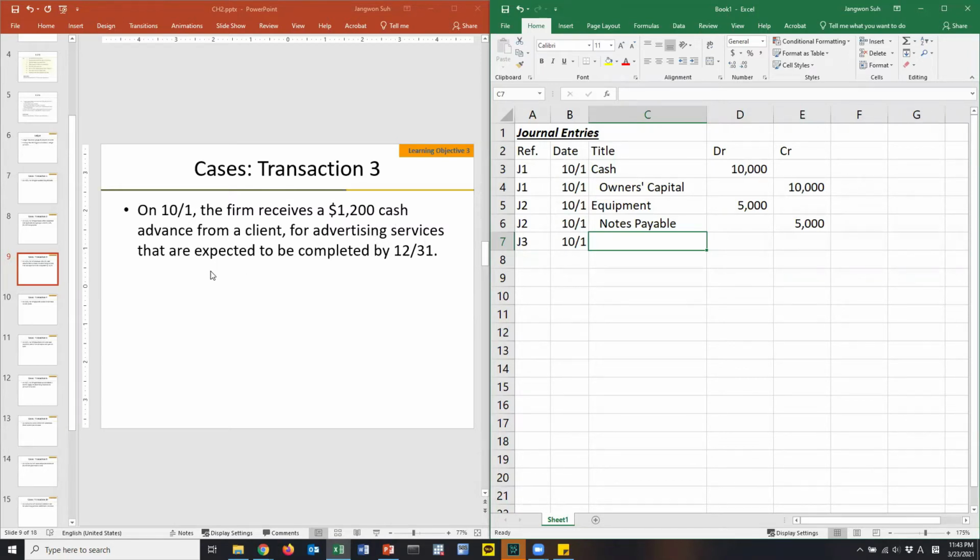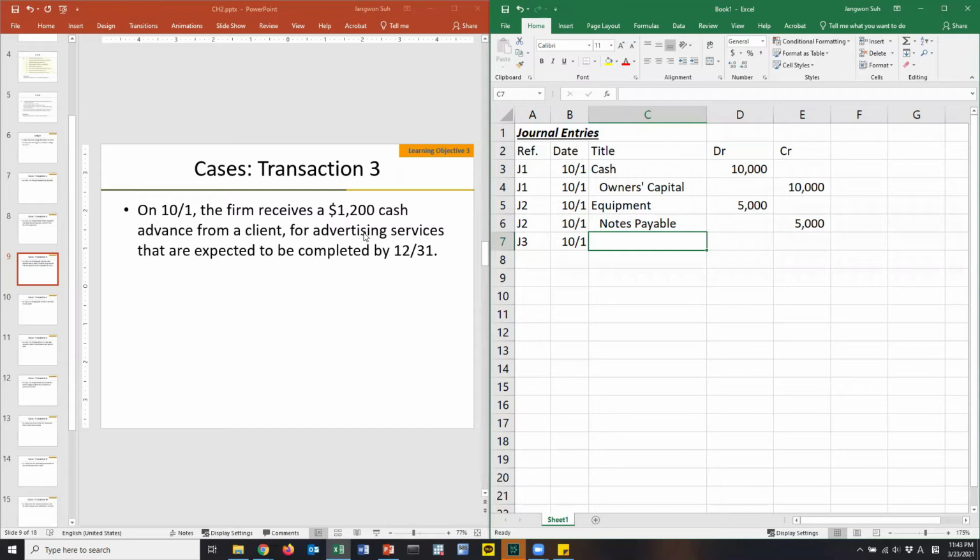Anyhow, it is said that you received cash from a client, for your services that are expected to be performed in the near future. As of the moment when you received the cash, you didn't perform the service, but you are expected to perform it in the near future, meaning the cash you received is for your liability.